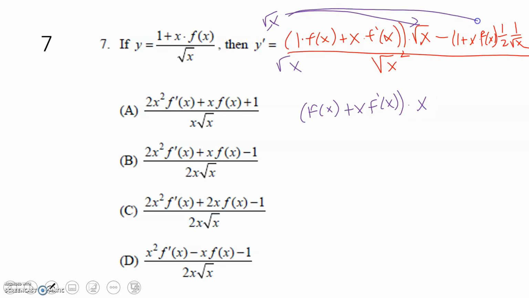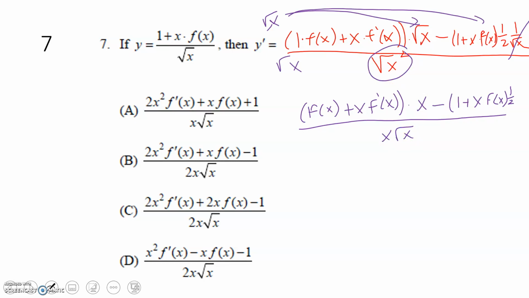And then I'm going to distribute that over here as well, minus 1 plus x f of x, 1/2, and then that rad x will cancel that rad x. And that was the purpose of that. And then in the denominator, we will have this here, which is rad x squared, which is x, rad x.